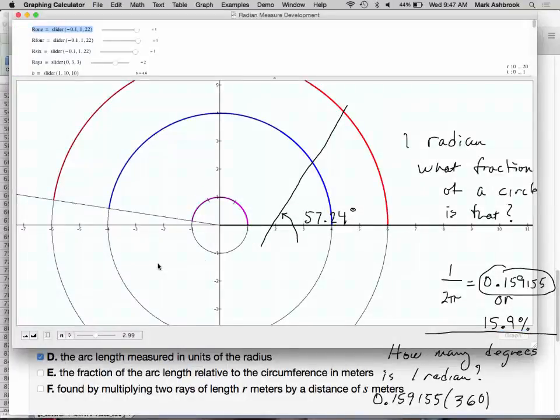Okay, so here's 170 degrees. I want you to find out how many radians that is. No formulas, just think it through by fraction of the circle.